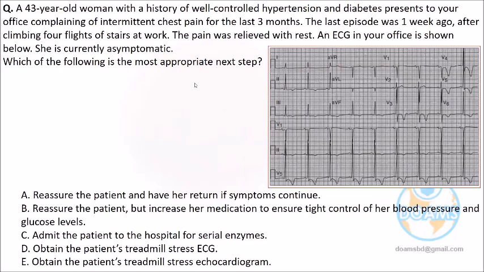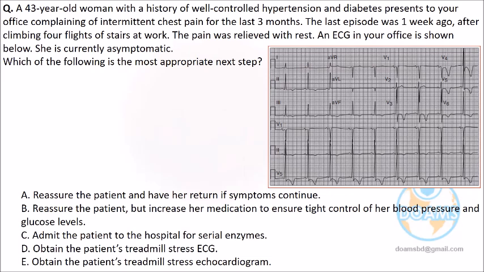After this long discussion, now come to a scenario. Dr. Hayam, please, can you read the question for everybody? A 43-year-old woman with a history of well-controlled hypertension and diabetes presents to your office complaining of intermittent chest pain for the last 3 months.